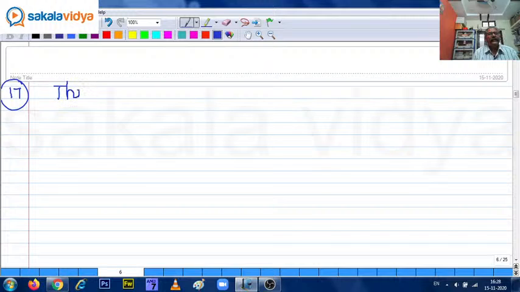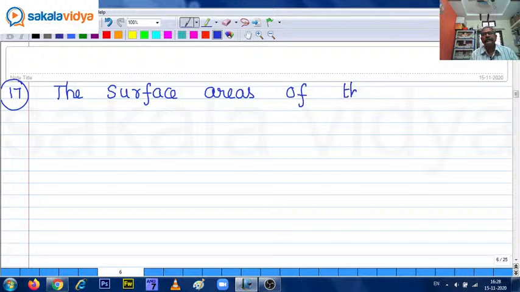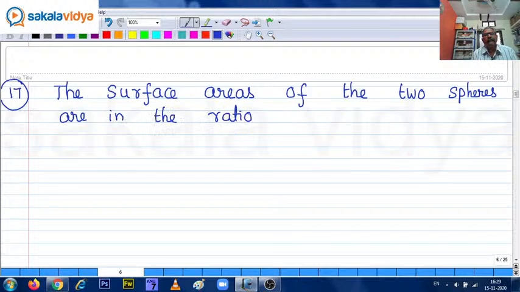The surface areas of the two spheres are in the ratio 1:2.